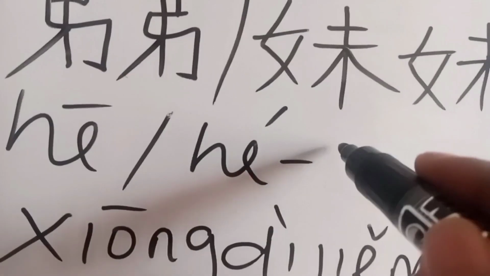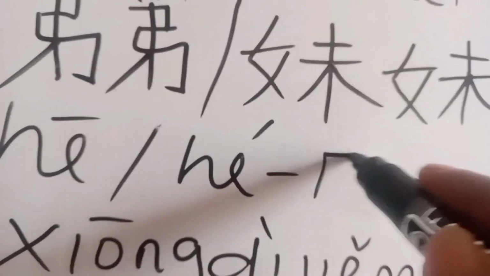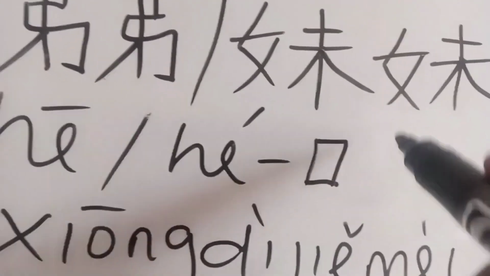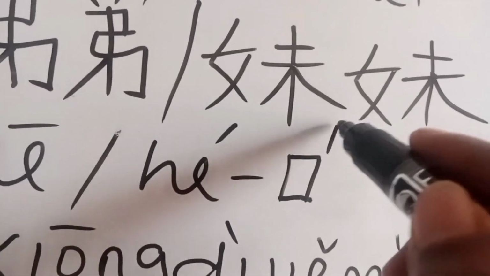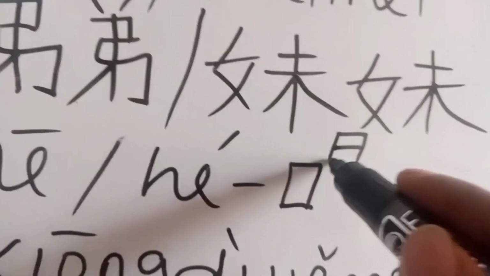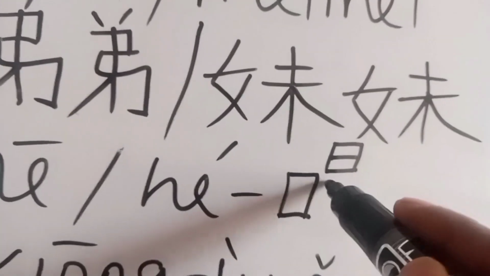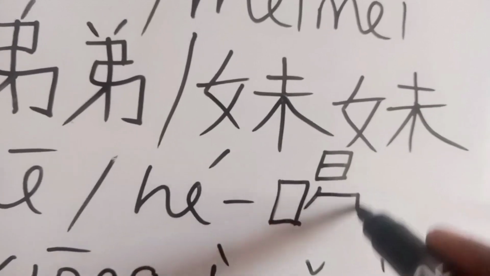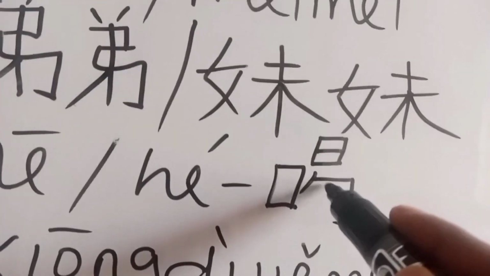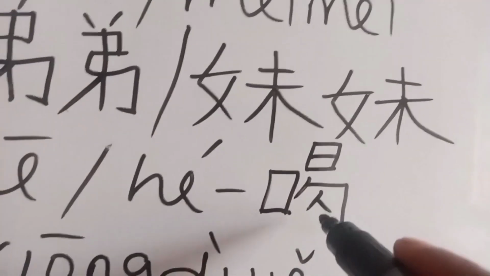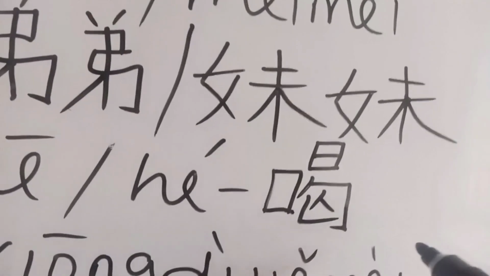喝 is to drink. 和 is and. Here is how to write 喝, to drink. You write kou. You remember kou. Then ren. You remember ren. Go like this. Do this inside. This is ren. Then this.